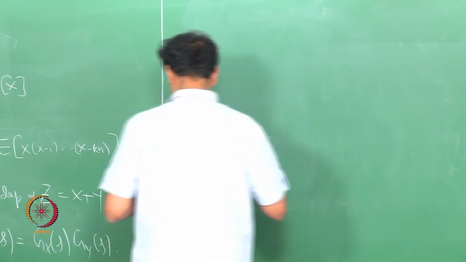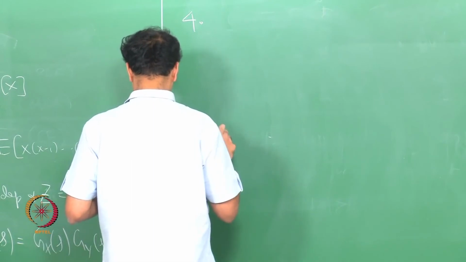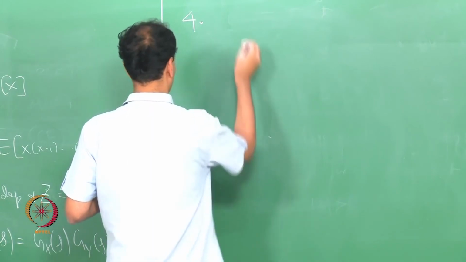So, the last property I will talk about here, property number 4, is about a random sum.